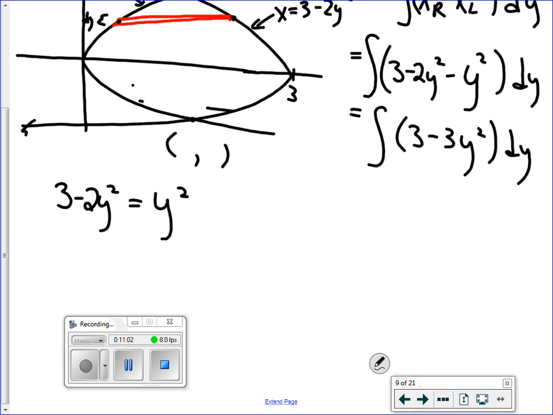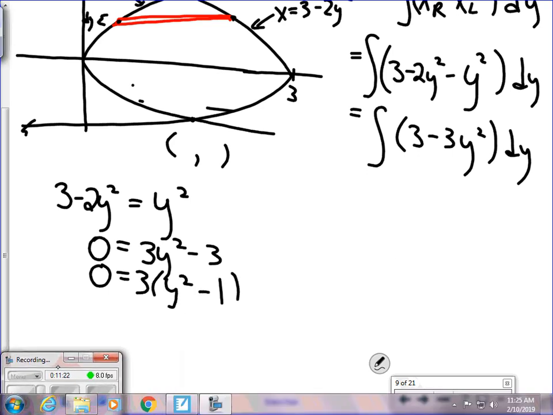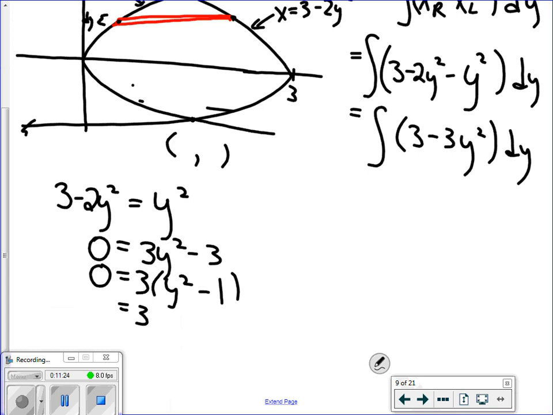Let's move everything over to the right. So we'll add 2y squared and we'll subtract 3. So 0 equals 3y squared minus 3. 0 equals 3 times y squared minus 1, which is 3 times y minus 1 times y plus 1.